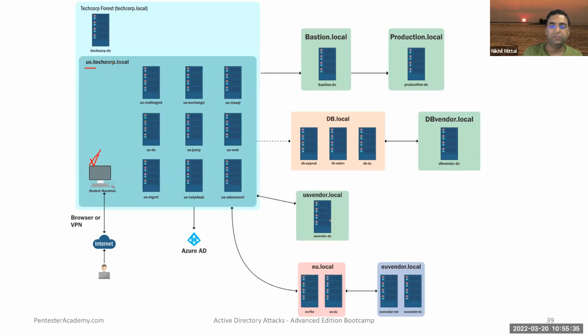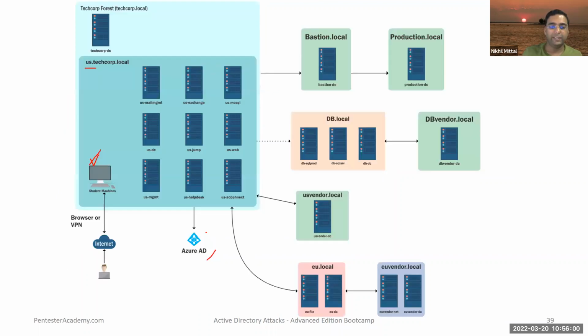Other than that, there are 7 other forests where we have different types of trust relationships or not. And also there is very limited hybrid identity that takes us to Azure AD. So that is what we are going to target during the lab, during the course.